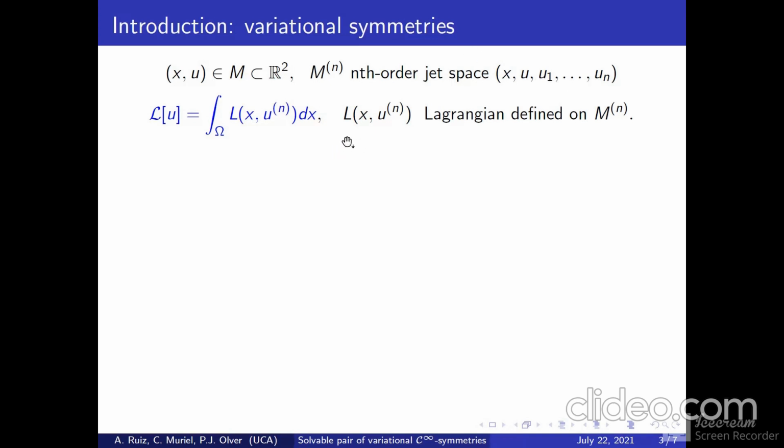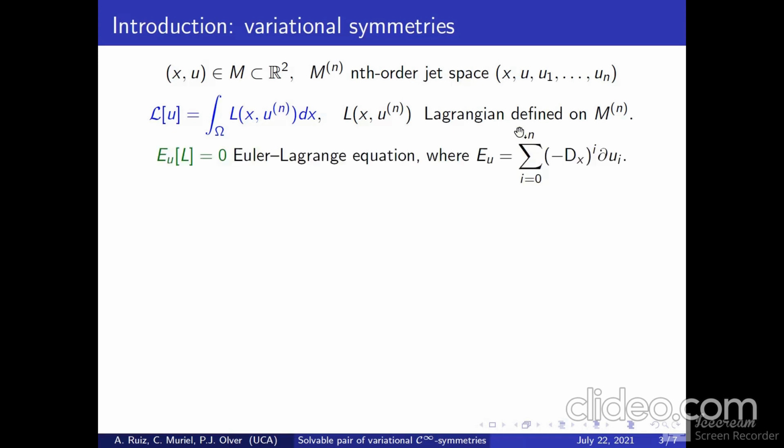Also, I'm going to consider an nth order variational problem written in this form, where omega is an open set of the space of the independent variable and L is called the Lagrangian of the variational problem, which is a smooth function defined on the nth order jet space.